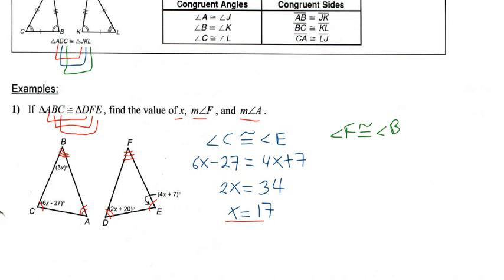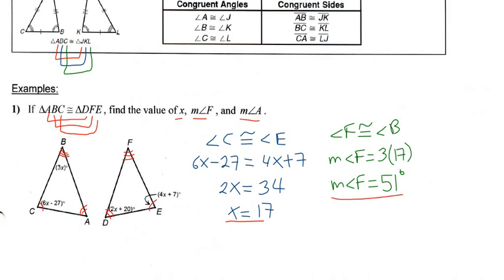So the measure of angle F would be the same as the measure of angle B, which is 3 times the value of x, and the value of x is 17 here. So the measure of angle F would be 51 degrees. So we have our second answer, which is the measure of angle F.